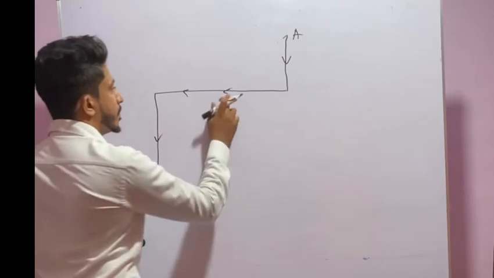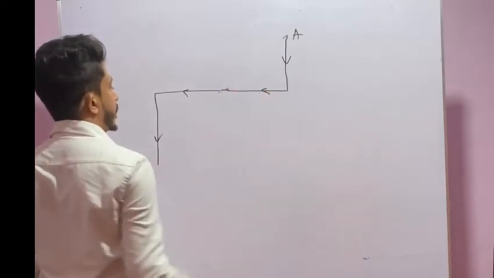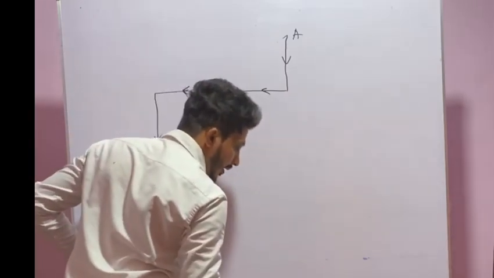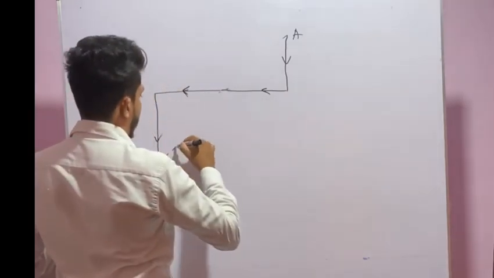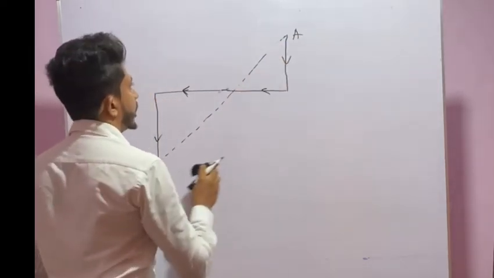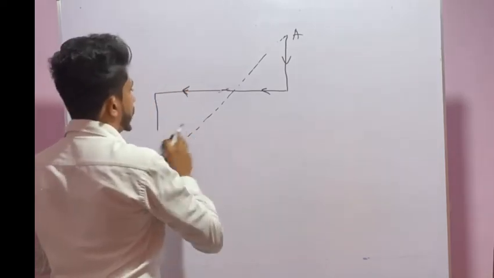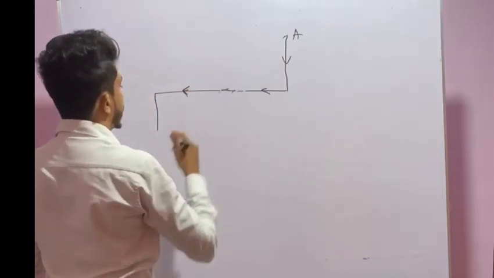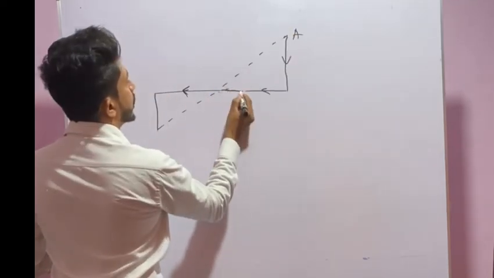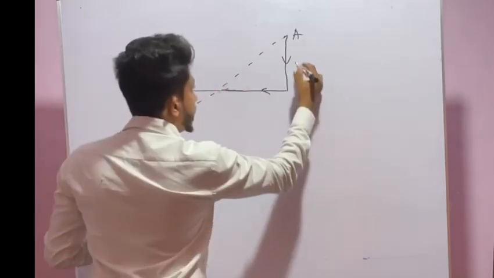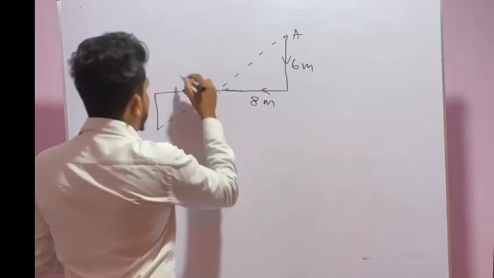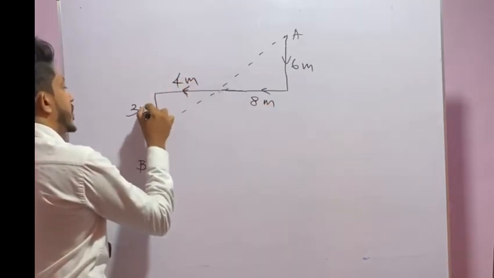So in our exercise 1, some details are given. It is said this is 6 meters, this is 8 meters, this is 4 meters, and this is 3 meters.